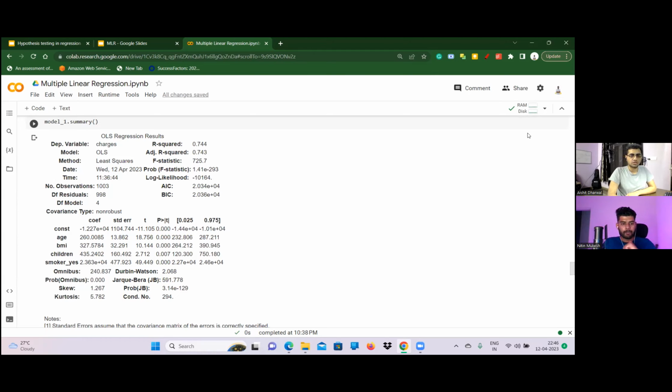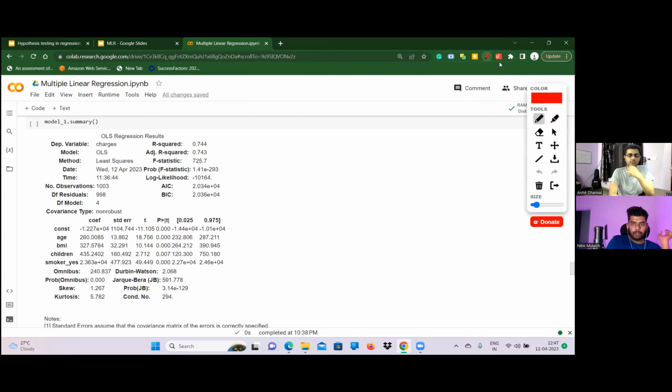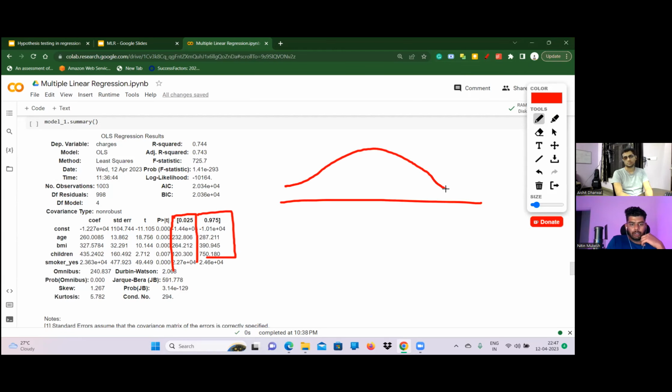What are these last two columns after P greater than T? Yeah, so these two columns give you a confidence interval. This is your estimate of, let's say, age.